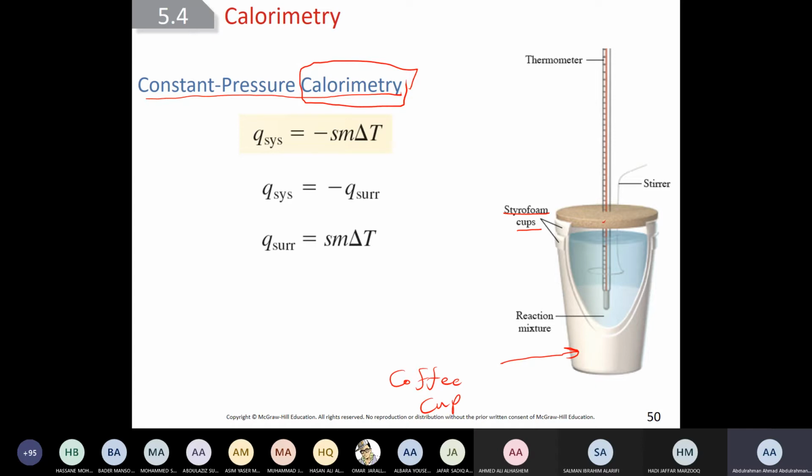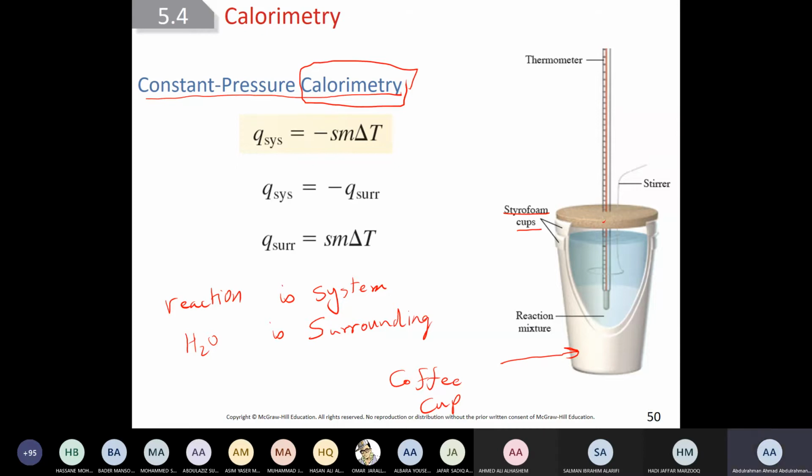And you make your reaction. In here, your reaction is your system, and the water is what? Surrounding. All right?